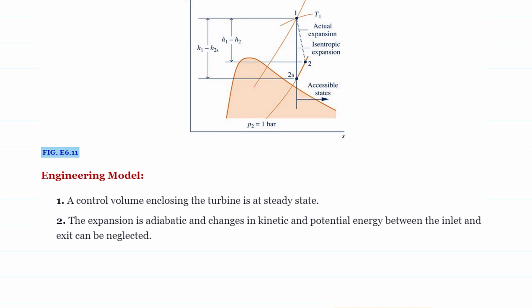We need to determine the actual work from the isentropic turbine efficiency. So from the definition of isentropic turbine efficiency, this is the actual work output per unit mass flow rate divided by the isentropic work output per unit mass flow rate.